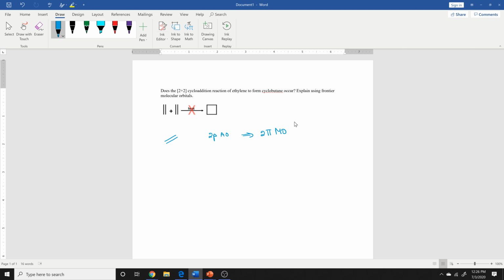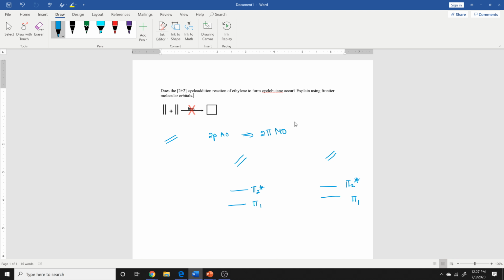I'm going to draw 2 ethenes in here, since I'm reacting 2 ethenes with each other, so I'm going to have my 2 pi molecular orbitals for each one of them. The first is pi 1, and the second is pi 2 star for each one of them. This is pi 2 star.